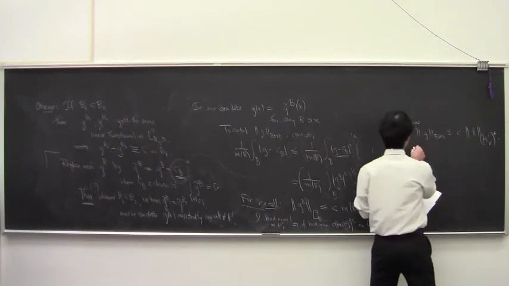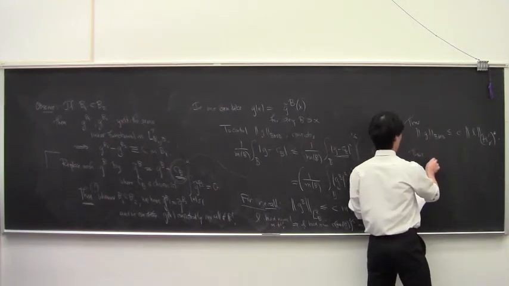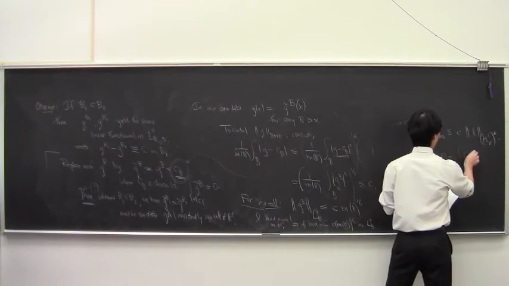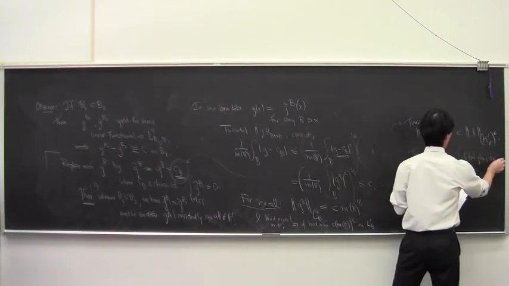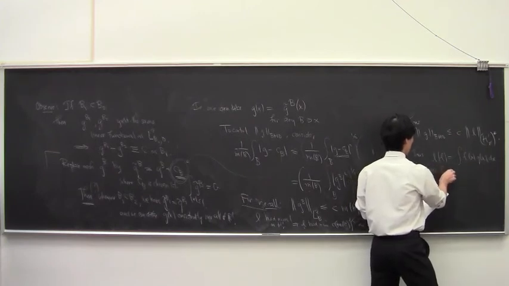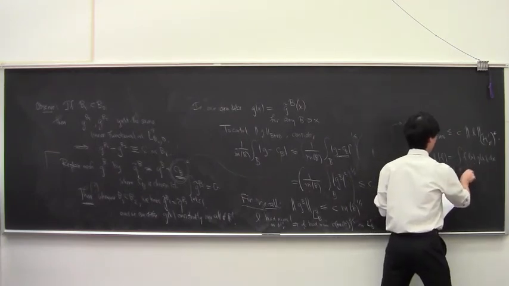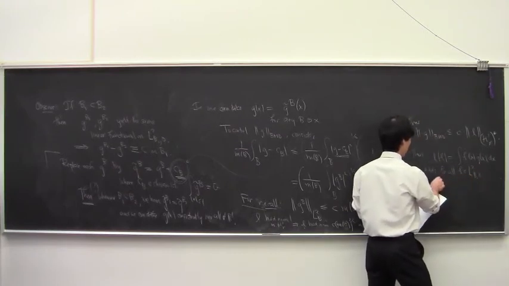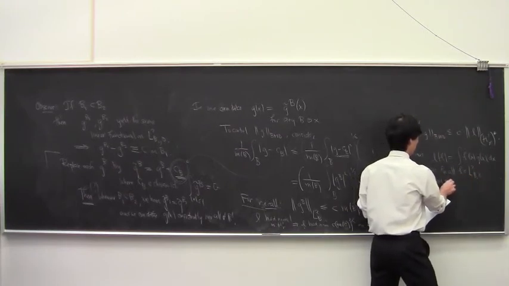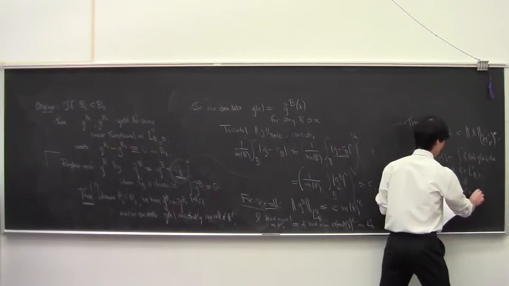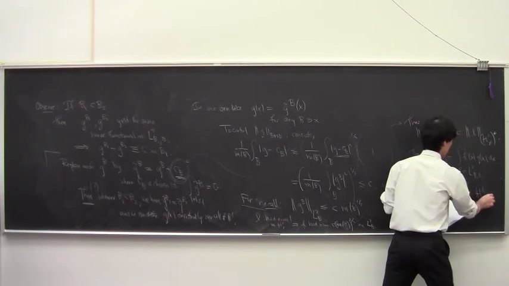So thus, L of f equals the integral of f(x) g(x) holds for all f in L2 with B naught, and thus for all f in H01.